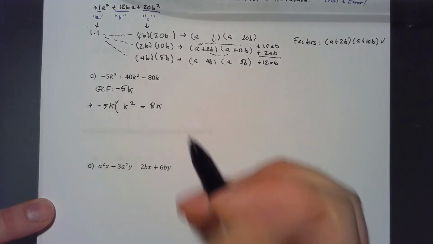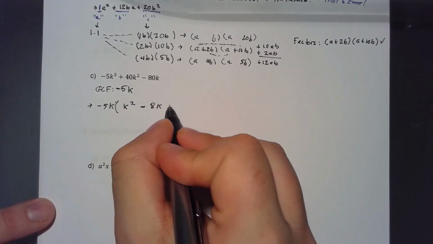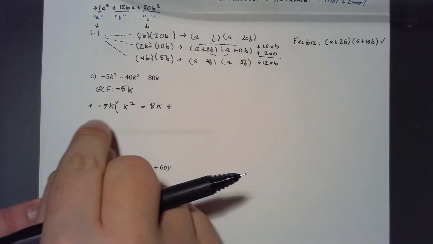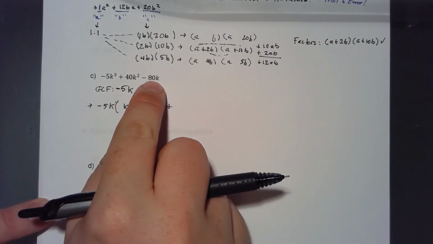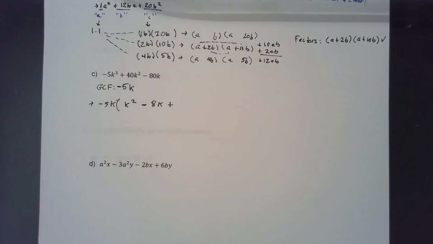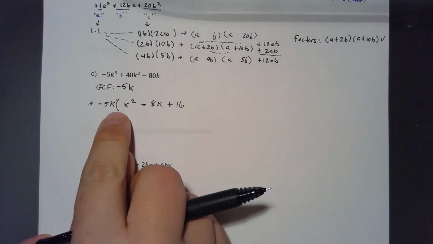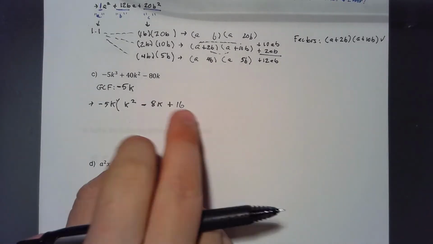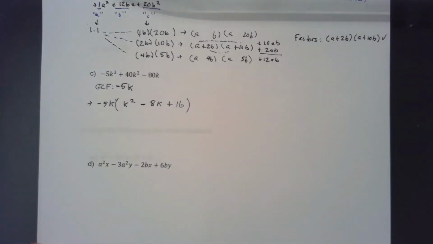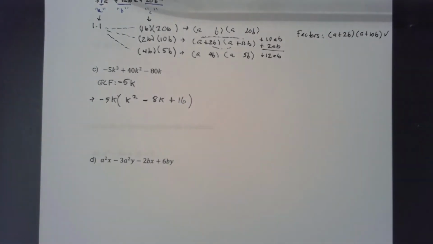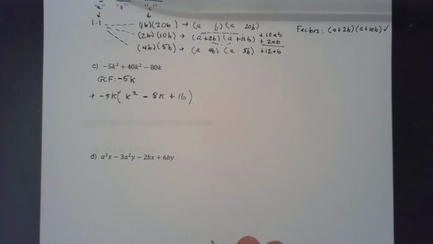Negative times a positive gives me a negative, right? 5 factored out of 80 is what? Simple arithmetic, I think it's 16, isn't it? And I am correct. And when you factor k out of k, there's just 1 left, so that's it. That's what you're left with when you factor the GCF out.